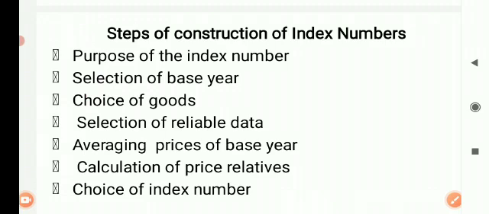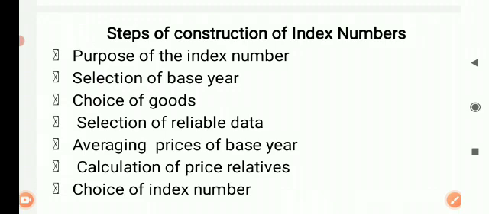Okay, look at the next one, that is the selection of reliable data. Data is very important. Data in the sense of what was the price in the previous year, and based on that we have to find out the current year price. So data information in case of price, in case of goods and services.